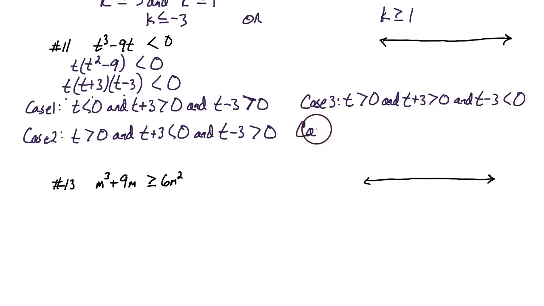And case number 4. Maybe all three of these numbers are negative. A negative times a negative times a negative would end up less than 0.